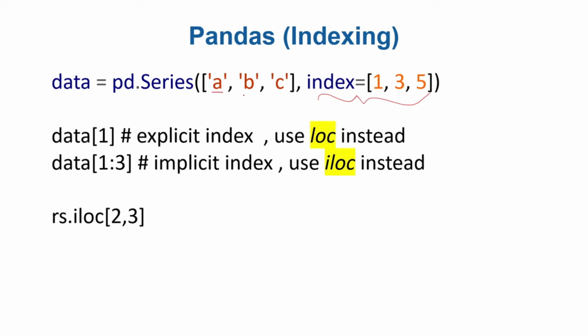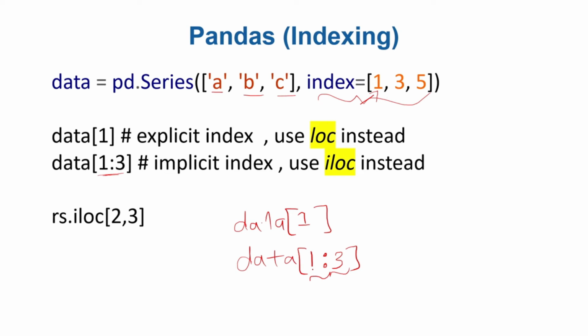It has these values A, B, C with index 1, 3, and 5. If we access a particular element, let's say data with index 1, that means the explicit index for sure. But if we slice the values, for example 1:3, the default behavior of slicing, if you give numeric indices, is to use implicit indices.